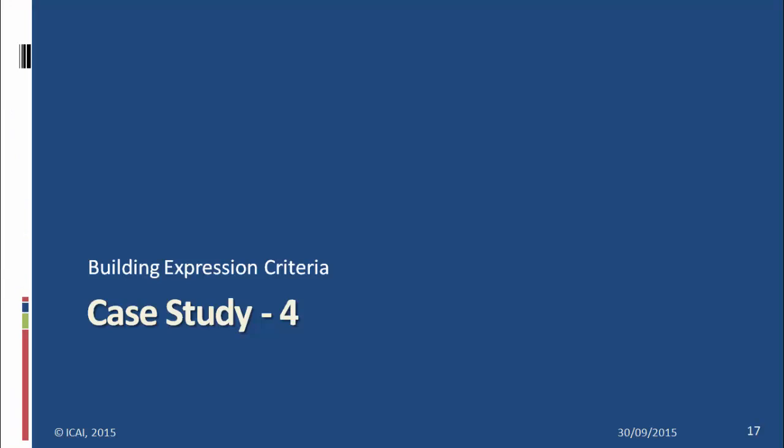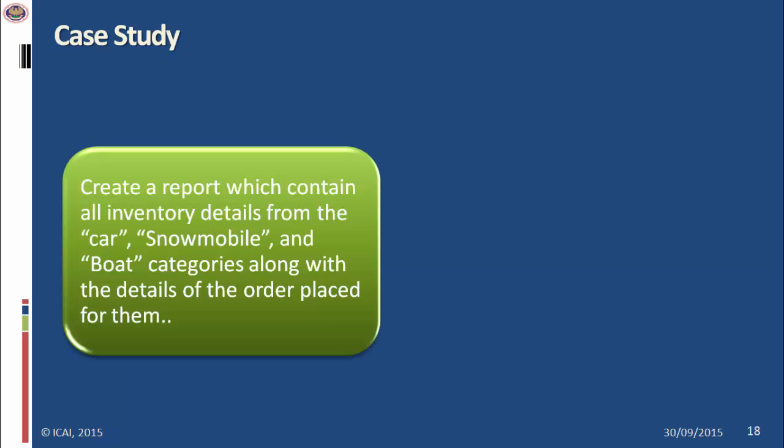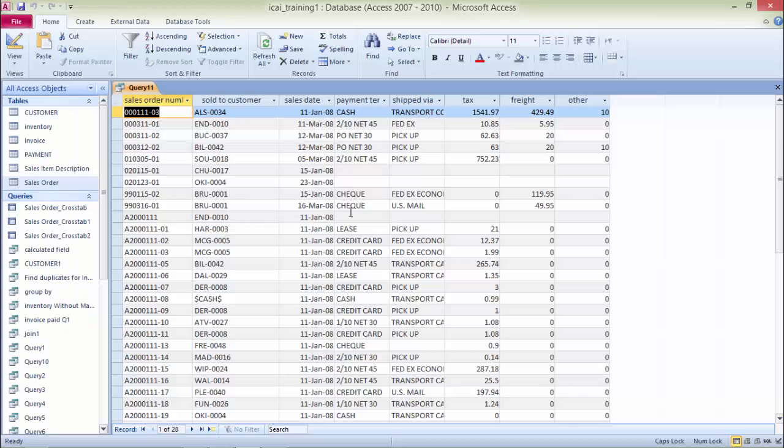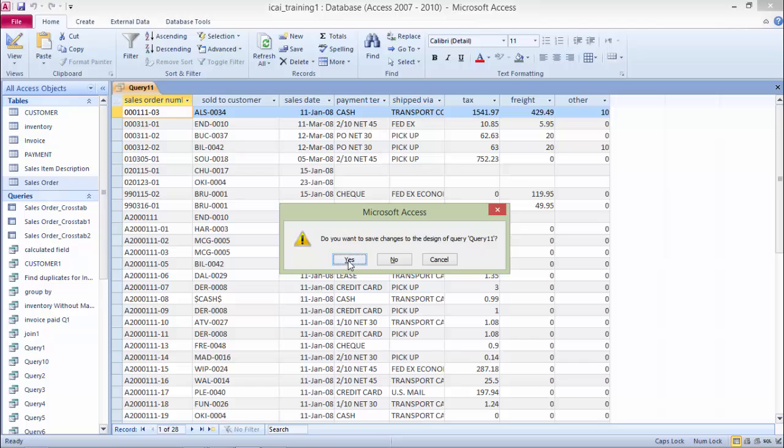Next, case study 4. In this case study, create a report which contains all inventory details from the car, snowmobile and boat categories along with the details of the orders placed for them. Save this query using the shortcut key Control S. Click yes, Query 11.